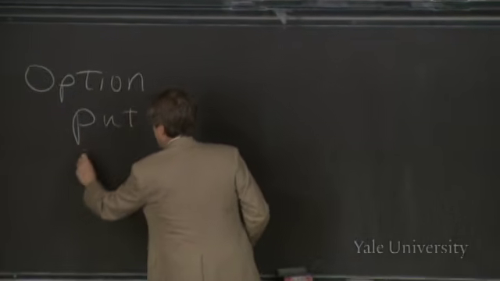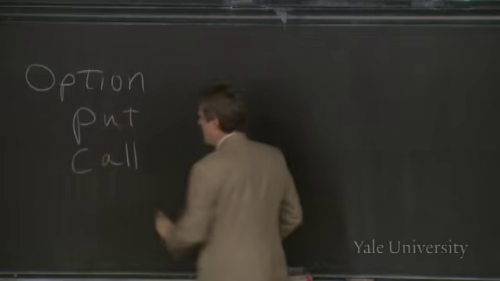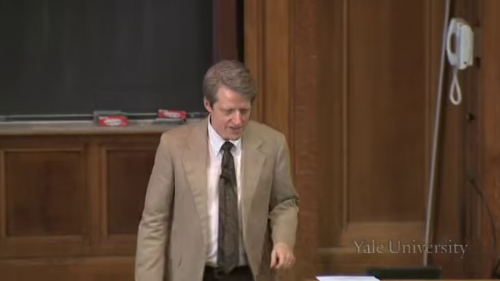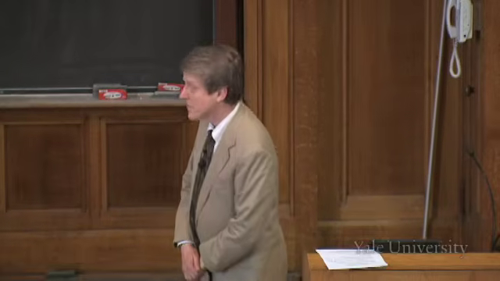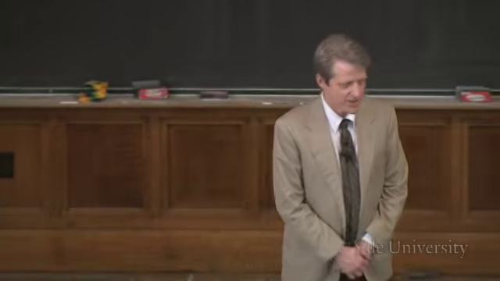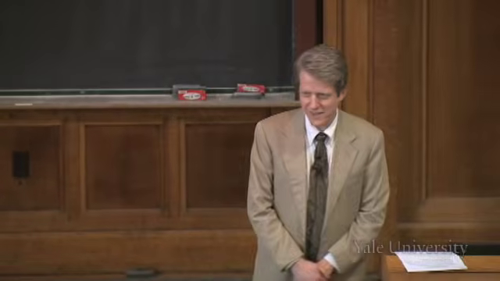There's a put and a call. Okay? A put option is the right to sell. It's typically 100 shares. So we'll say 100 shares of a company. And let's say it's Google. Okay?